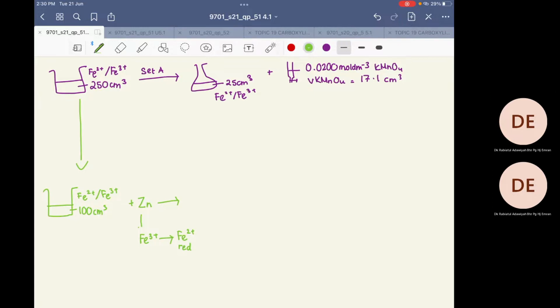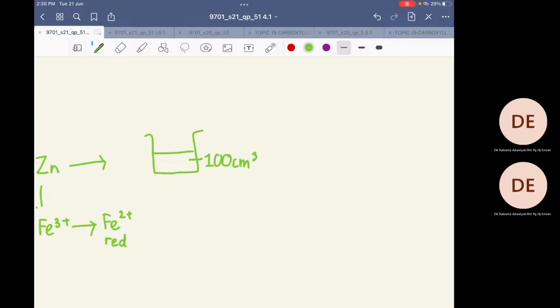So then they filter the mixture into a beaker. Okay, so now I have some filtrate, still 100 cm³. However, this time, what is inside the beaker?